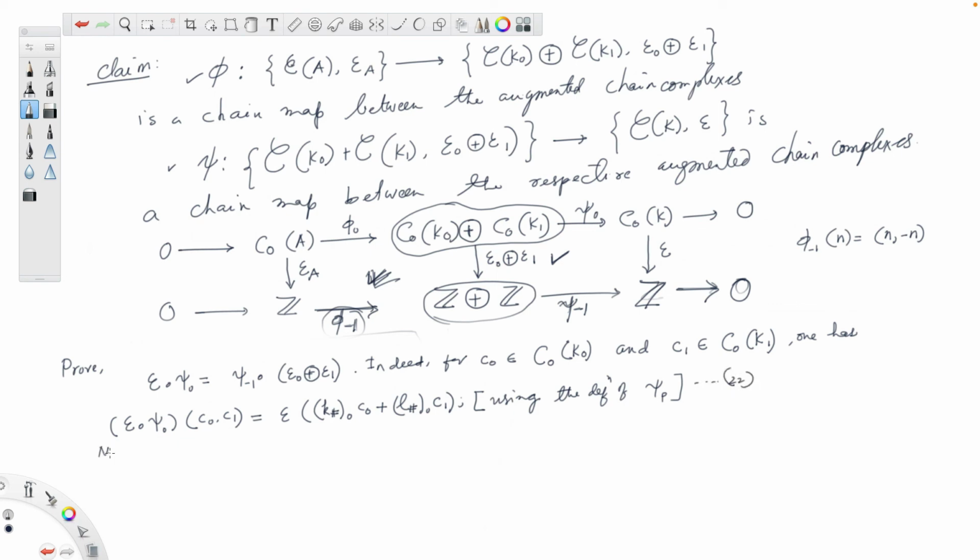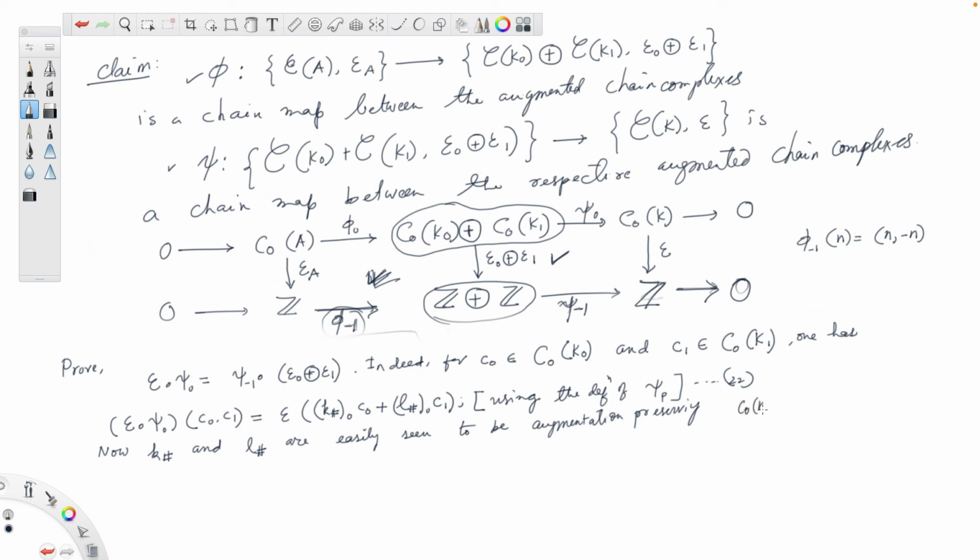Now k hash and L hash are easily seen to be augmentation preserving. What does that mean? In other words, the following diagram commutes. One can check that the diagrams below are commutative.